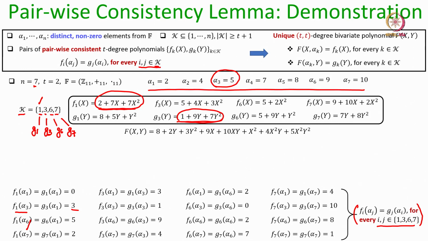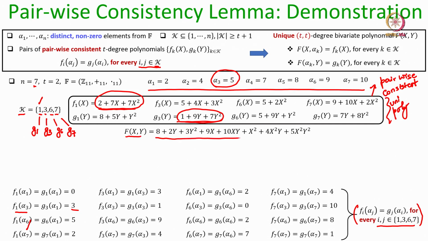Now, these are my pairwise consistent univariate polynomials, and now we can show that there is a 2 degree bivariate polynomial.